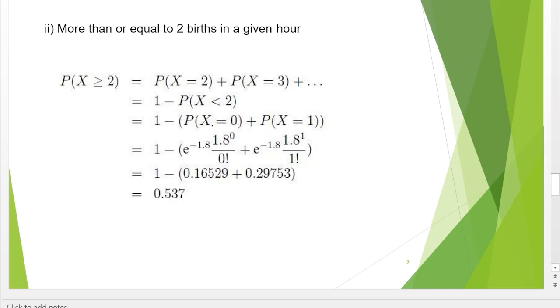For 1 minus probability of x less than 2, we have the two observations x equal to 0 and x equal to 1. Then substitute the values, lambda equal to 1.8 with x equal to 0 and x equal to 1. Then 0.537 is the probability of more than or equal to 2 births in a given hour.